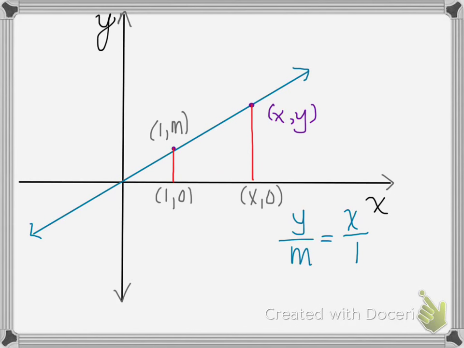Because of the angle-angle criteria, if two corresponding angles in two different triangles are congruent, then we know that the triangles are similar.